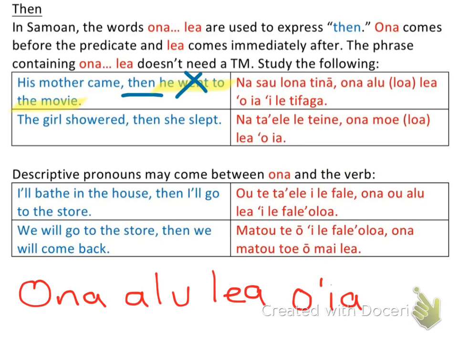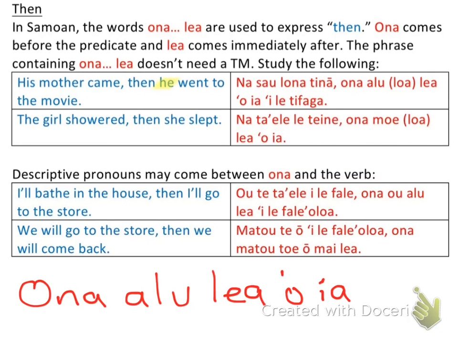And then I would say my prepositional phrase goes next. So let me erase this really quick, sorry. And let's say the first part that comes after the leia is normally going to be your subject. And so that's why I'm putting o ia, okay?